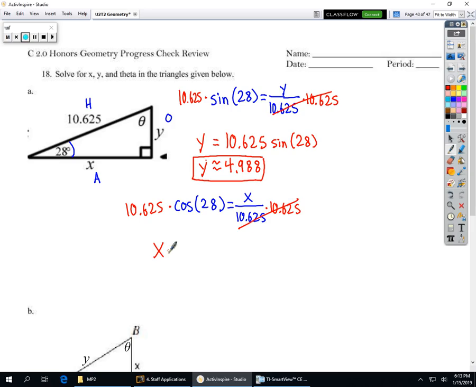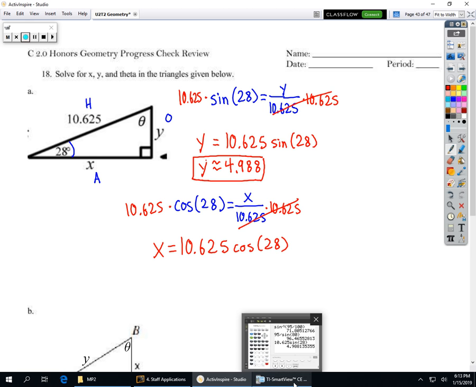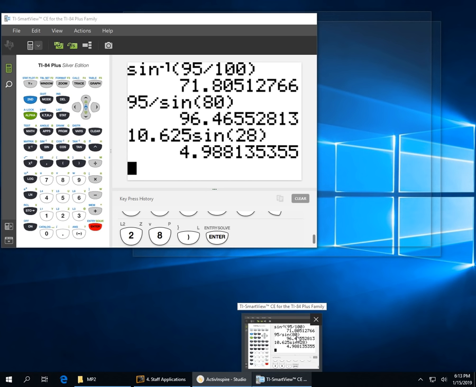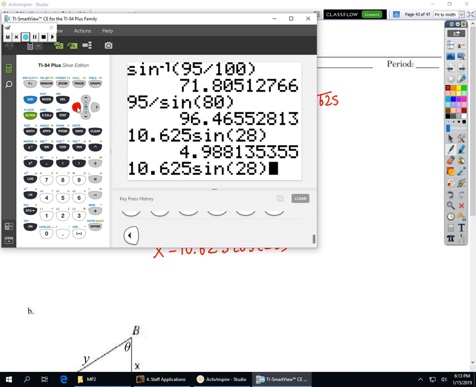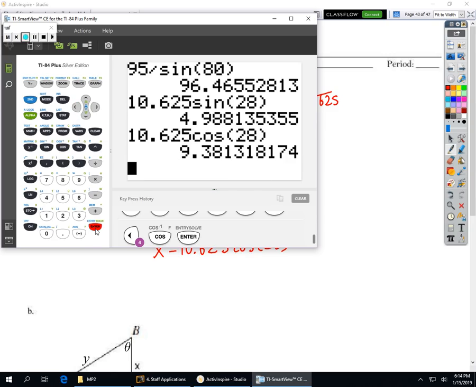X equals whatever this is. If I put this into the calculator, I'm going to be lazy. I'm going to second, and just hover over and put cosine instead. Should get 9.381.